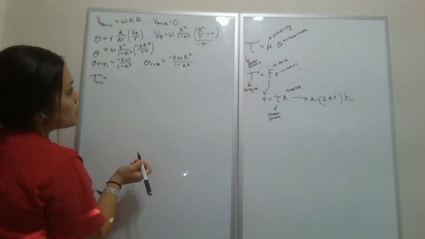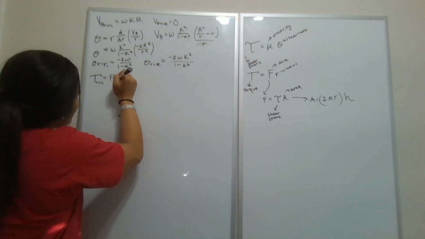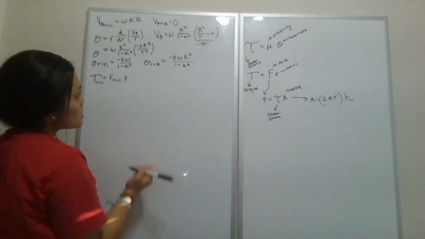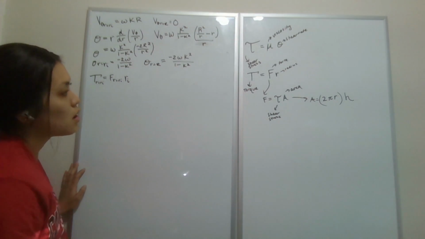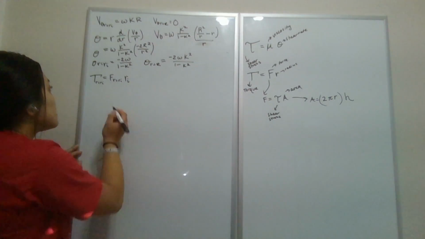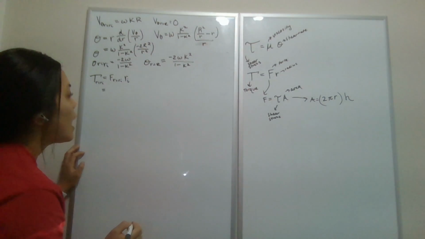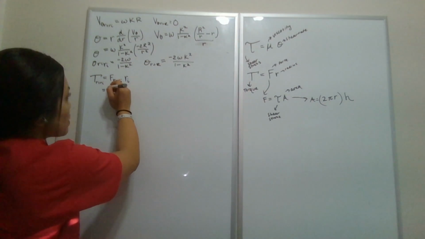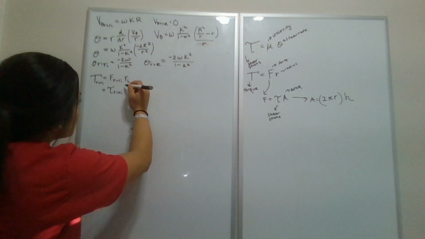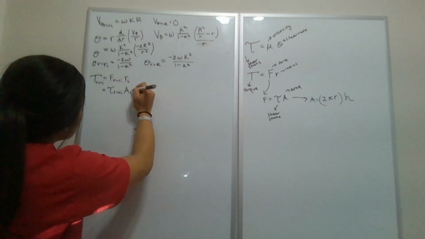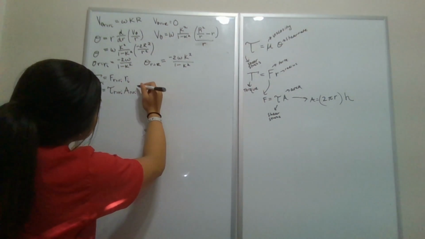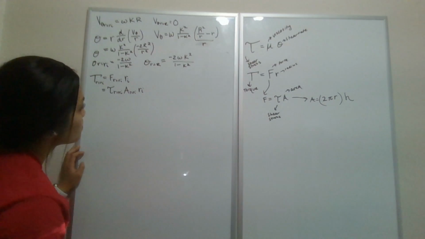So that's going to be the force at the inner cylinder times the radius at the inner cylinder, which is the inner cylinder radius. And then the force at the inner radius is just going to be the shear stress at the inner radius times the area at the inner radius times the inner radius.